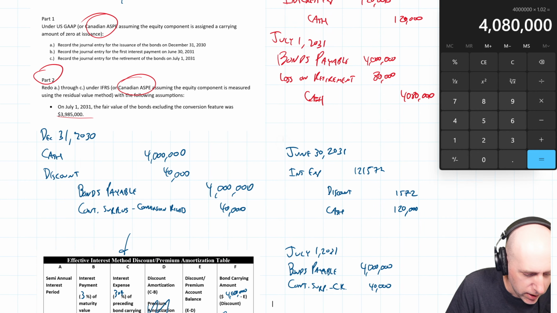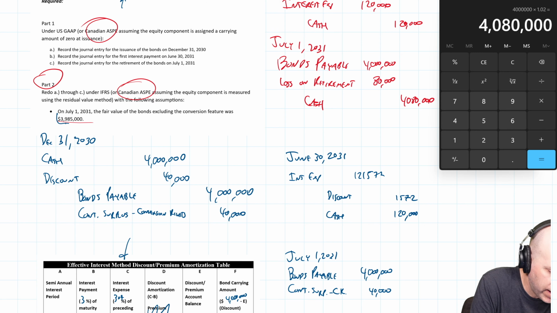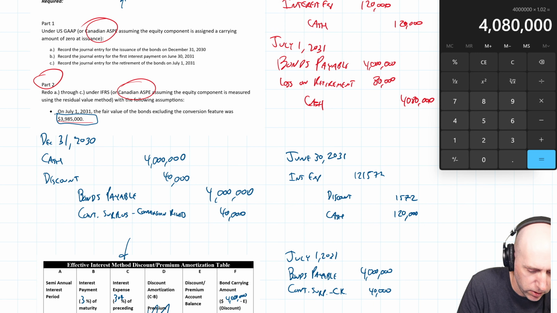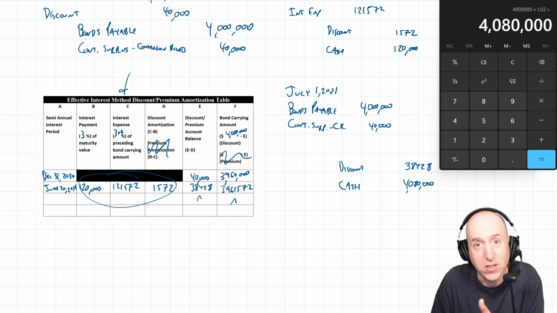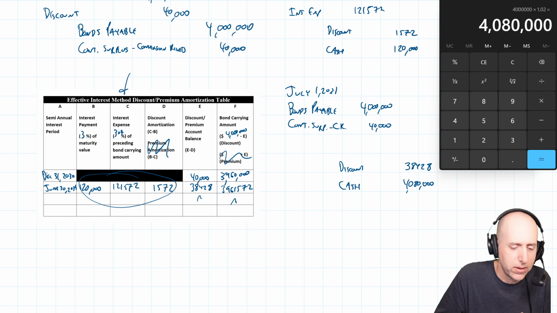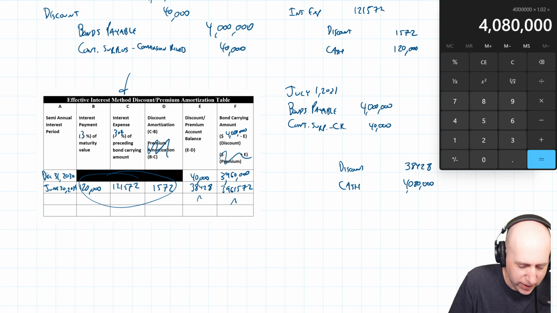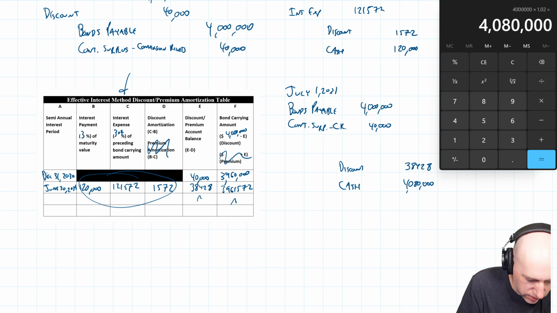The first step is just to say, okay, what's the fair value of the bond on the date of retirement? So it says on July 1st, 2031, the fair value of the bonds excluding the conversion feature was $3,985,000. And you can see the bonds are sitting here on our books at $3,961,572. That's a loss. It's because when we retire them, of course, we're having to retire at fair value. So we're losing here. $3,985,000, that's the fair value.